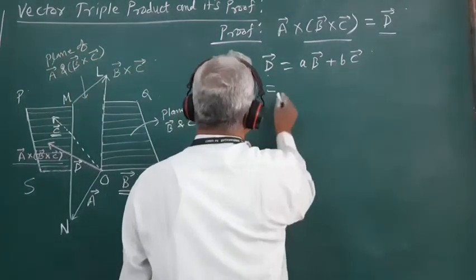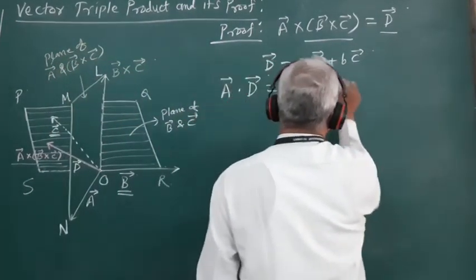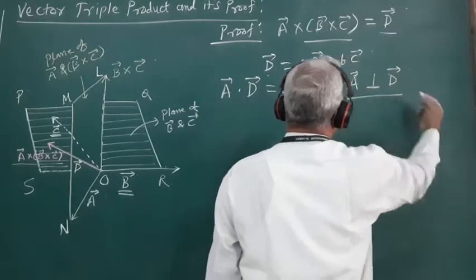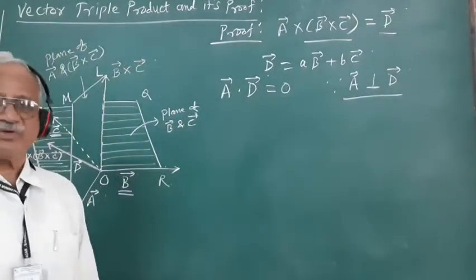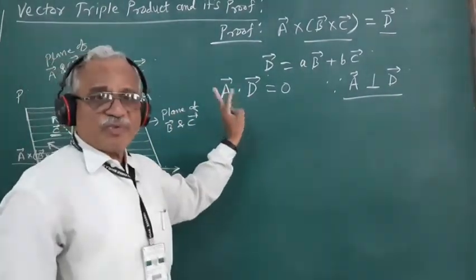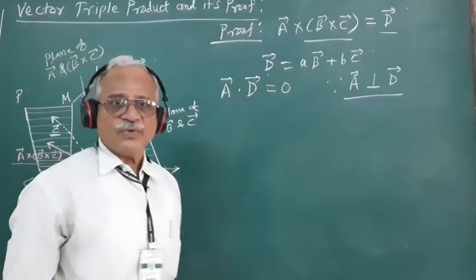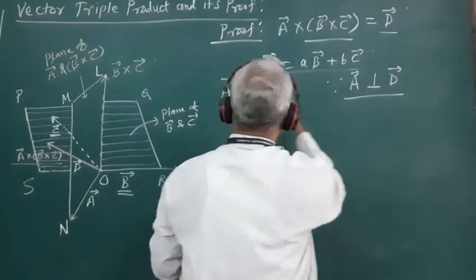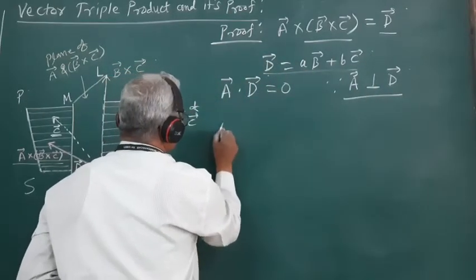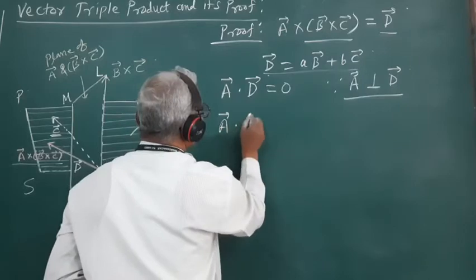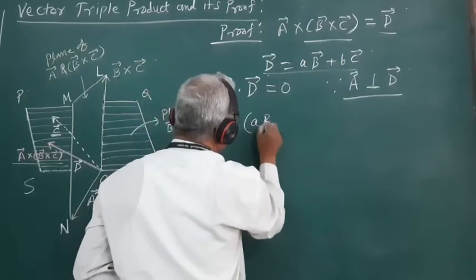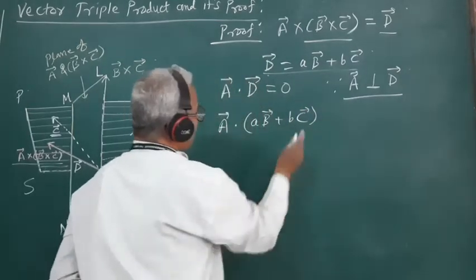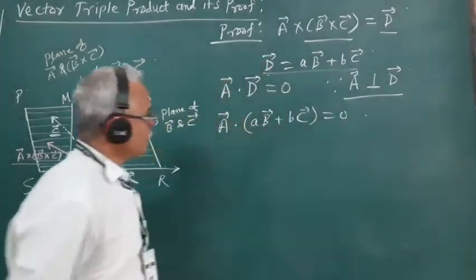So since A bar and D bar are perpendicular to each other, the dot product of A bar and D bar must be equal to 0. So using this expression for D bar here, we can write this expression as A bar dot into bracket A B bar plus B C bar, and this is equal to 0.